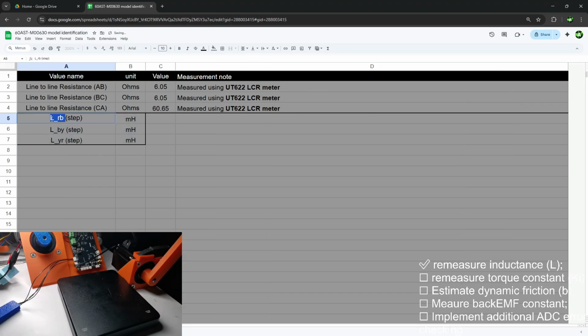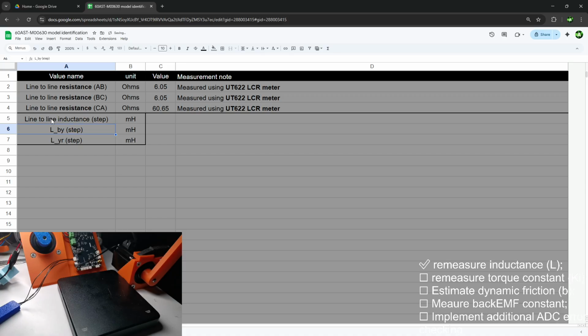Sure, it will be line to line inductance. Inductance. Why did I use the big letter here? Not sure, but I think it should be bold.